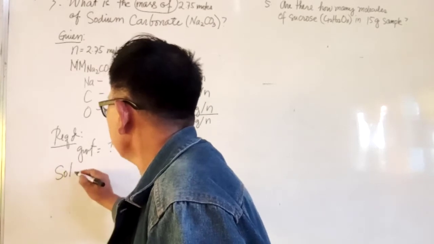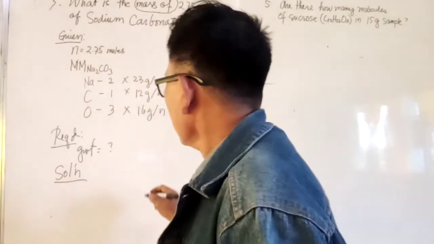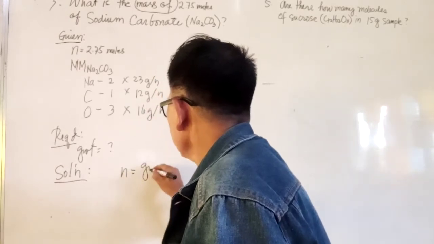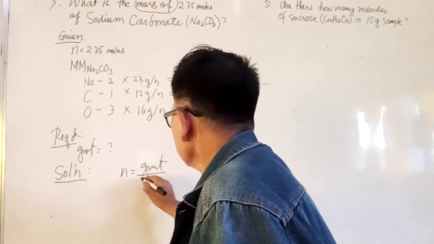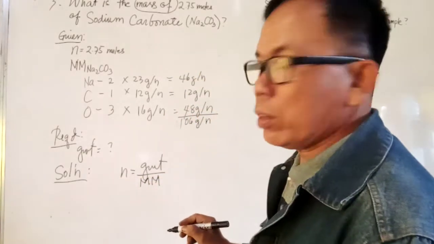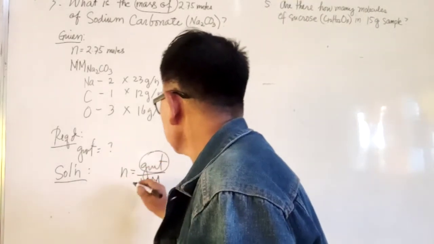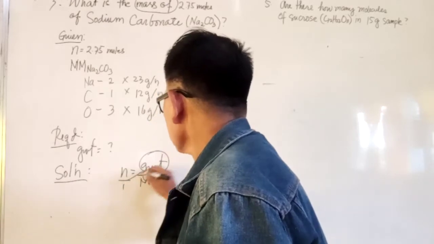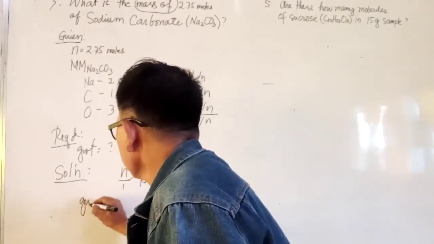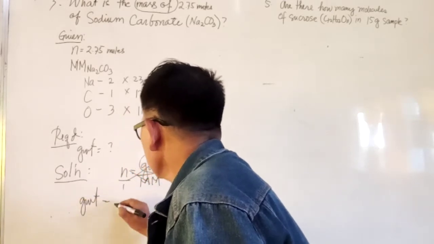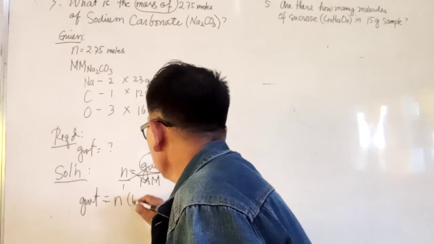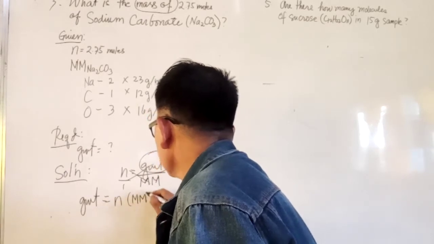We derive the formula from n equals the given weight divided by the molar mass of the substance. Since what we need here is the given weight, we conduct a crisscross multiplication, so that the given weight is equal to the number of moles multiplied by the molar mass of the substance.